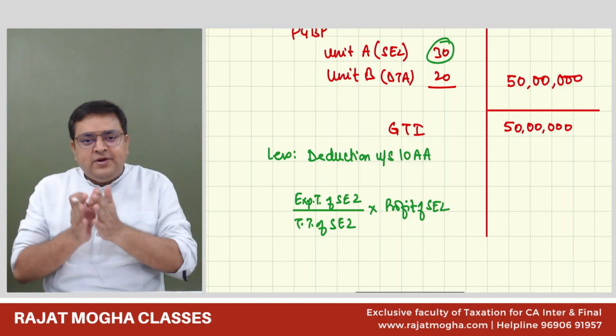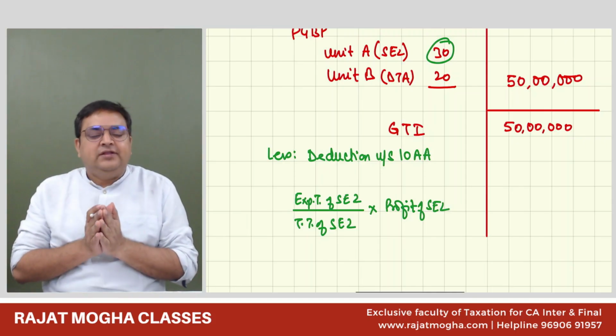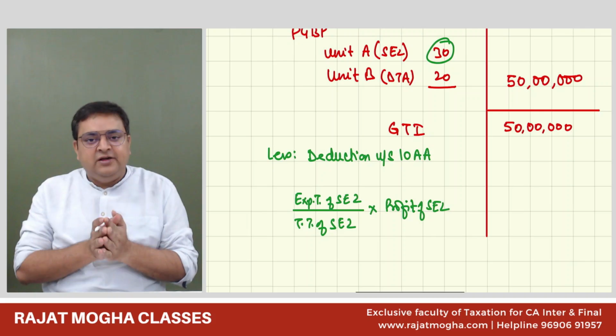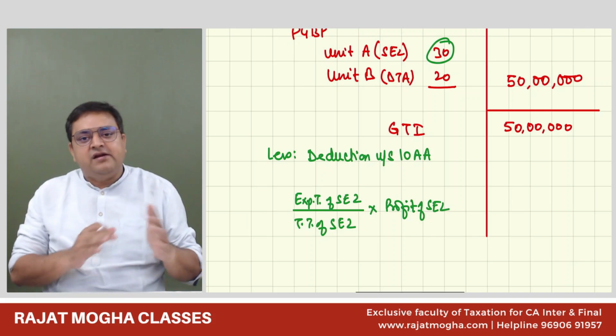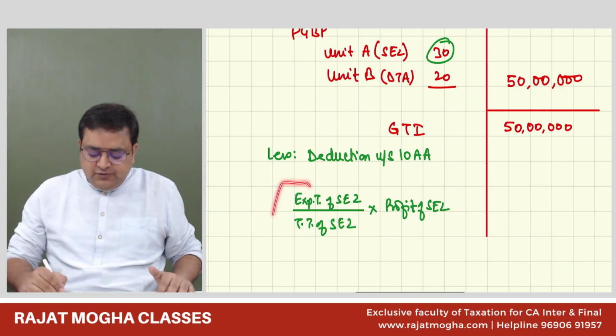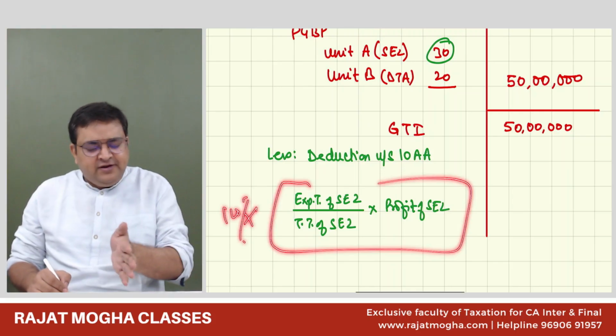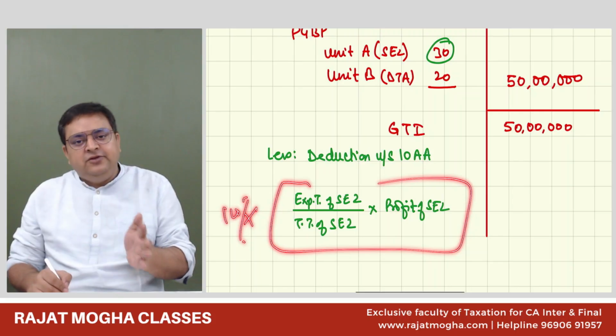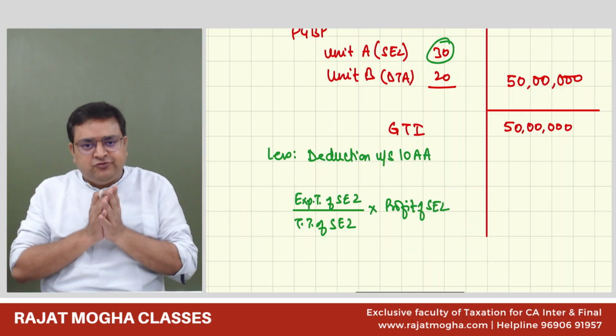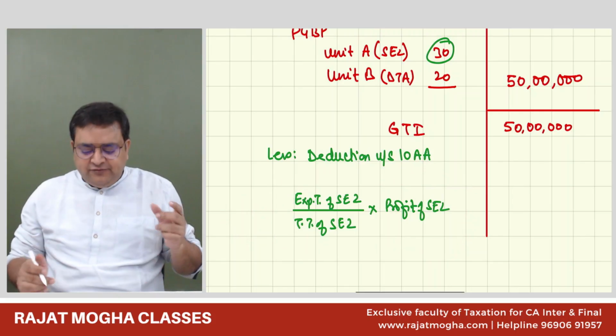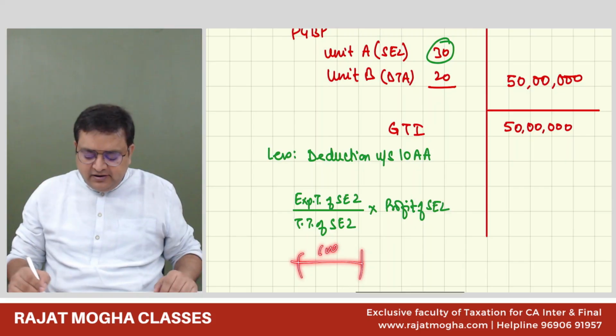Now, if you are in the first 5 years from the starting of your business, then you will get 100% of this amount. If you're in the next 5 years, then you will get 50%, because you get a tax holiday for 15 years. So in the first 5 years, it is 100%, and in the next five, it is 50%.